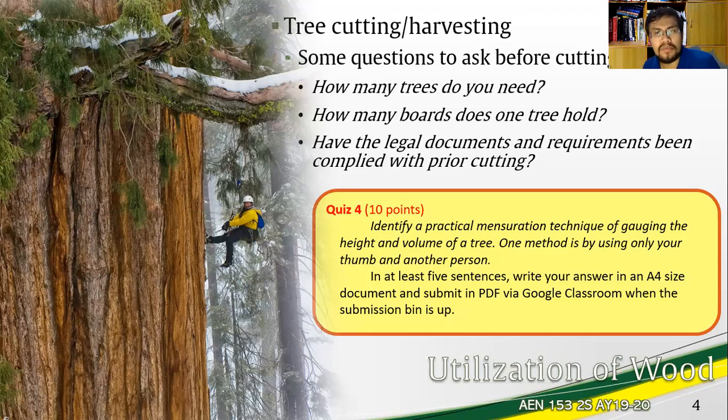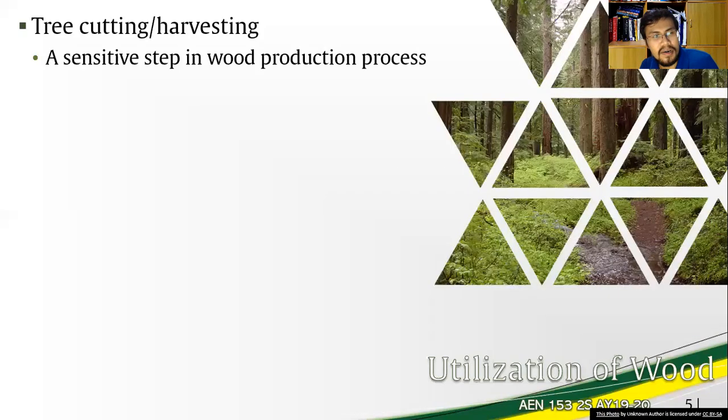Okay, so the tree is first standing. What are you going to do now when you have a tree? First and foremost, I want to note that this is a very sensitive step in the production process of lumber or wood. And why is that? Because, well, imagine you have a tree like the one in the first slide a while ago.